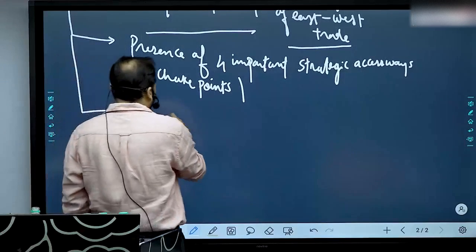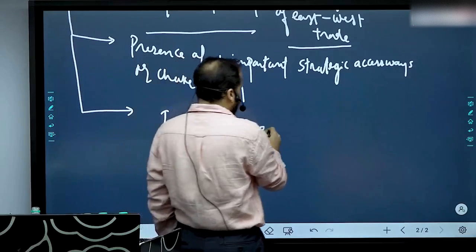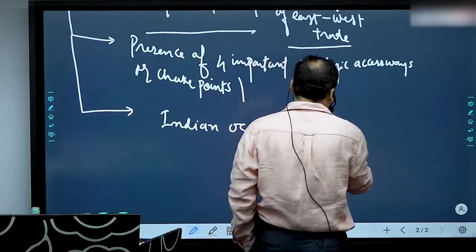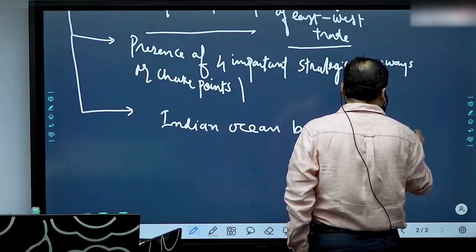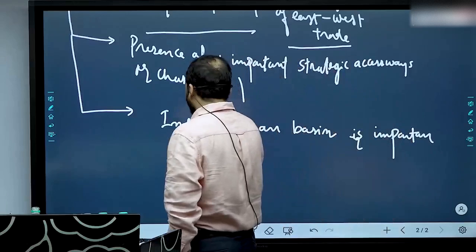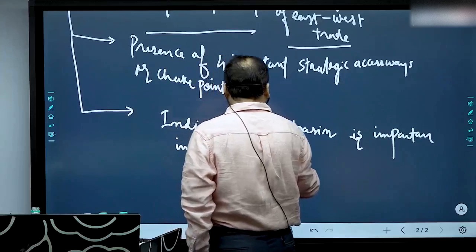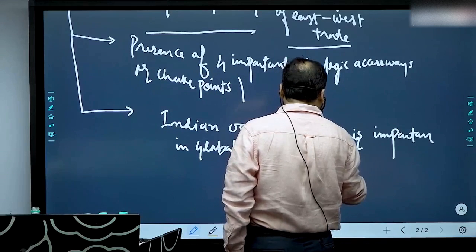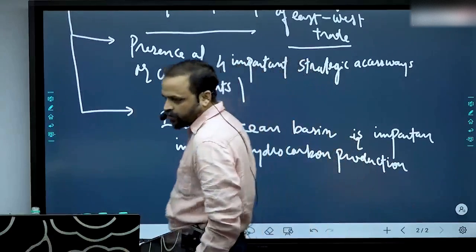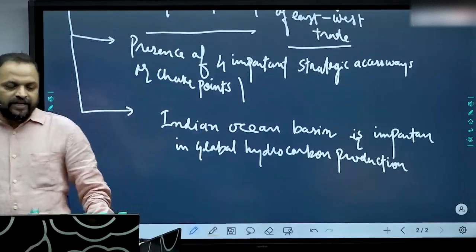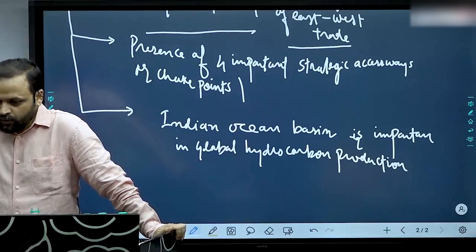Then the Indian Ocean basin is important in global hydrocarbon production, meaning a point on resources. 40% and more of global hydrocarbon production, oil and gas production, is happening in the Indian Ocean basin.